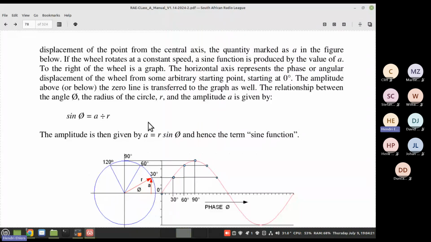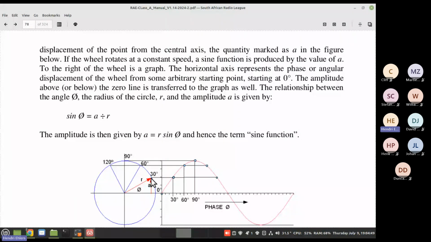Now think only about the vertical displacement of the point from the center axis, the quantity marked as A in the figure below. If the wheel rotates at a constant speed, a sine function is produced by the value of A.